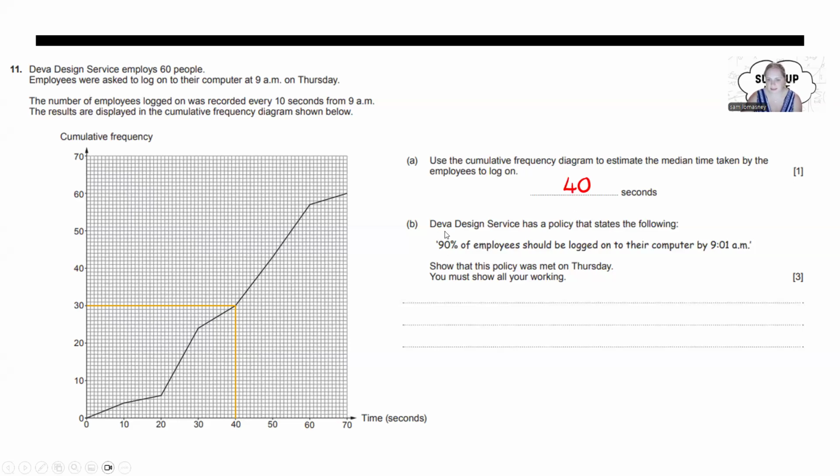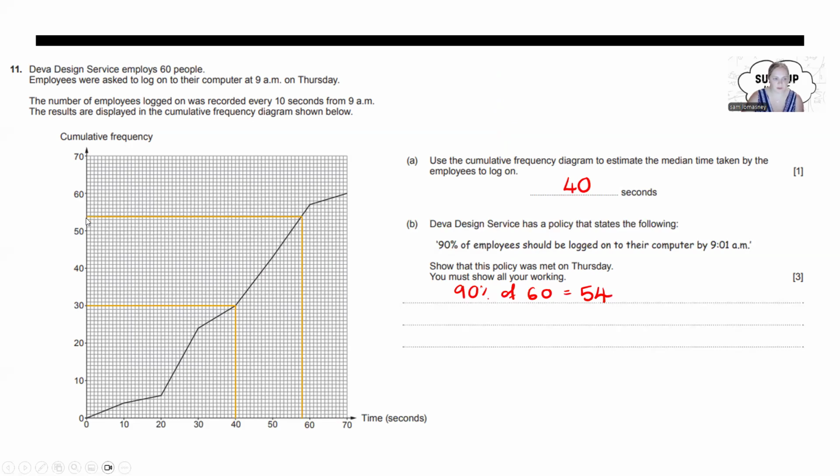Next one, it says, Diva Designs says that 90% of its employees should be logged on by 9:01. Right, so let's work out 90% of 60, which is 54. Now we've got two options here. We can go from 54 or we can go from 61 minutes. It's whatever you fancy.